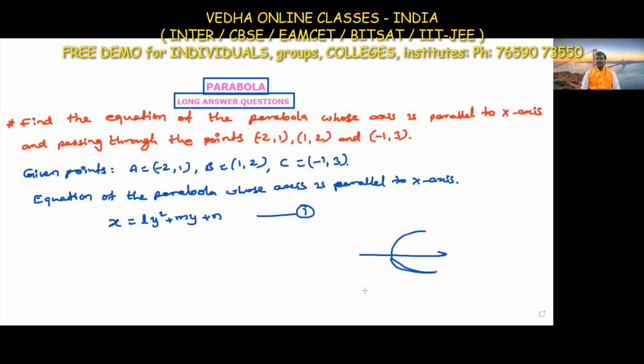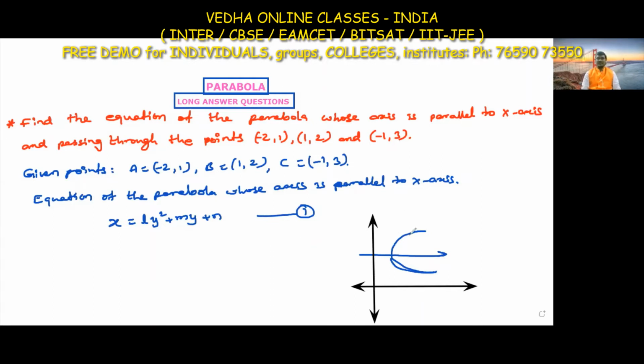Here I am taking the x-axis like this and the y-axis like this. If we consider the x and y-axis like this, the axis is parallel to the x-axis. So this is the formula here.